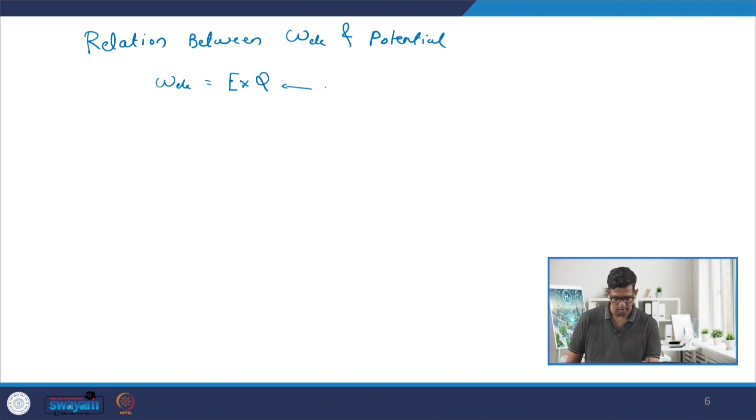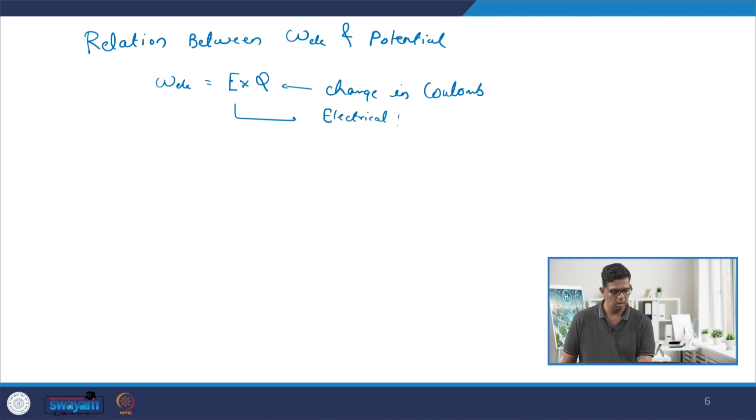This is the charge in coulombs, and this is the electrical potential in volts. And what does charge in coulombs mean? Q equals nothing but N times F. So what is F?